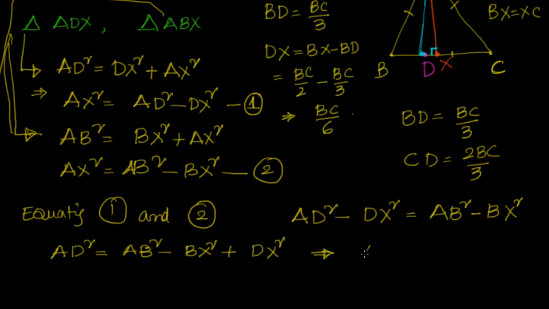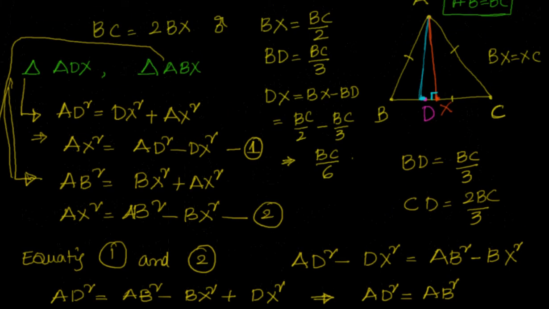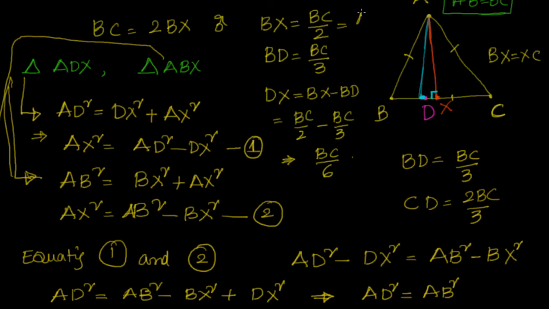AB square is AB square as it is. And what is BX? BX is BC by 2, that is AB by 2, because BC is equal to AB, we know that. So I can write all of them in terms of AB.